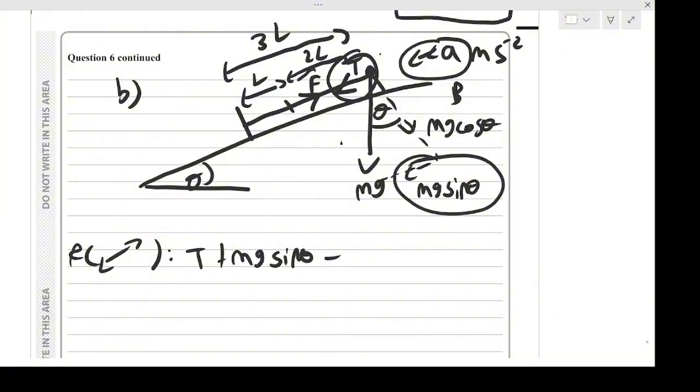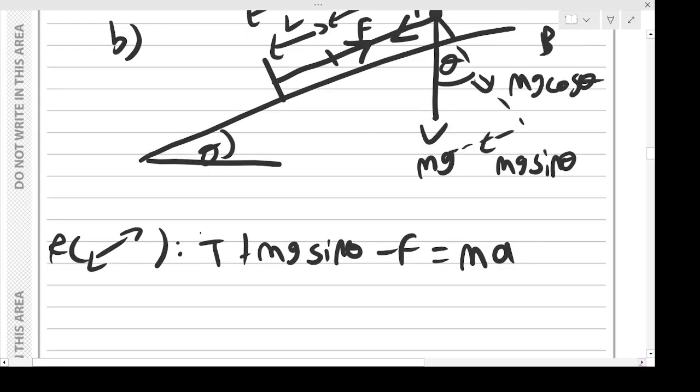But the friction is acting up the slope, so I'm going to need to take that away, and so that's going to equal ma, okay? And so then I can simplify this because I have T, but we know what sine theta is, so that's going to be mg lots of sine theta, which was 5 over 13, if you remember. Take away F, my friction.